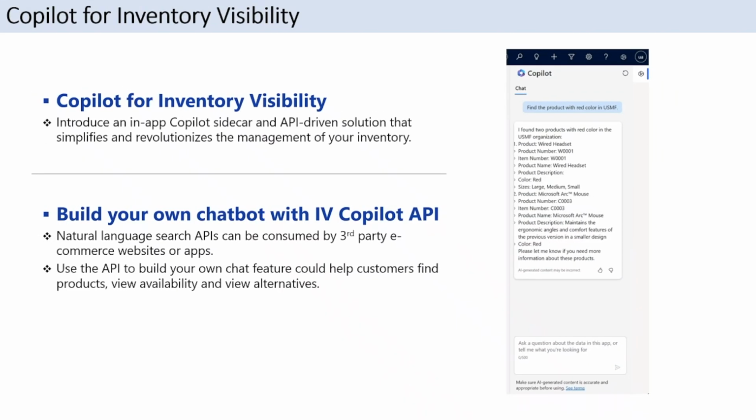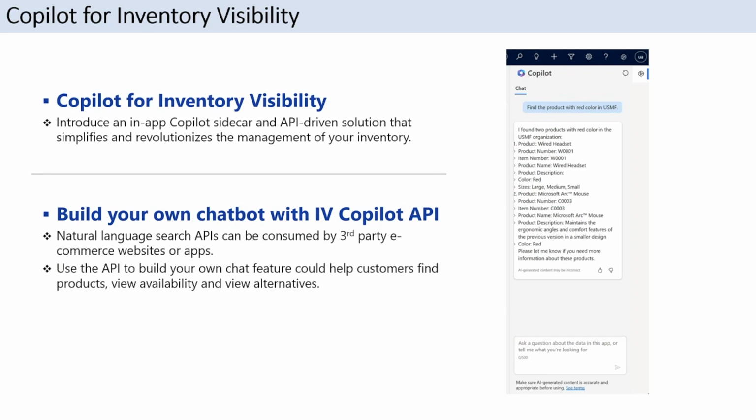But what is Copilot for inventory visibility? The first impression is on the screen: you can see the screenshot, it's embedded in the Power application of inventory visibility. You can ask questions in natural language. You can ask about a product or ask for inventory information. Basically, we offer two main capabilities of the Copilot for inventory visibility. The first we call the in-app Sidecar user experience.